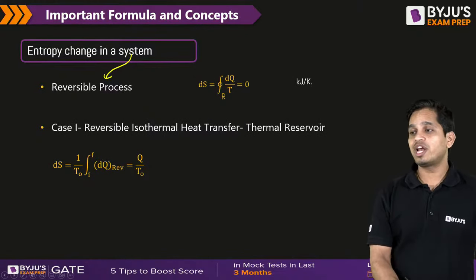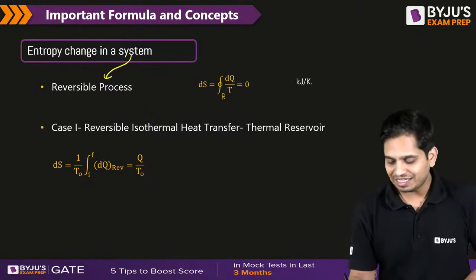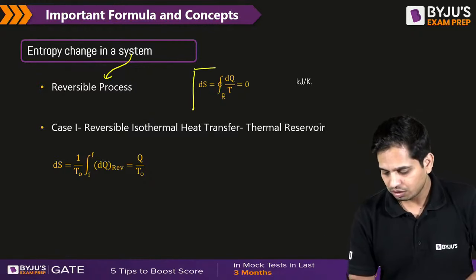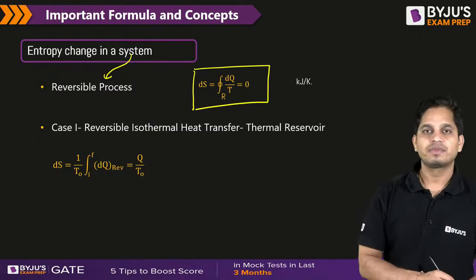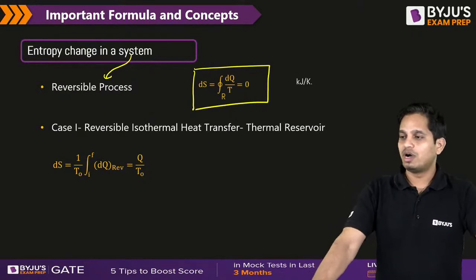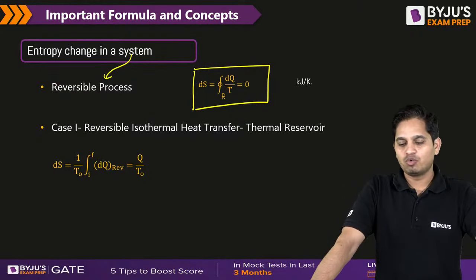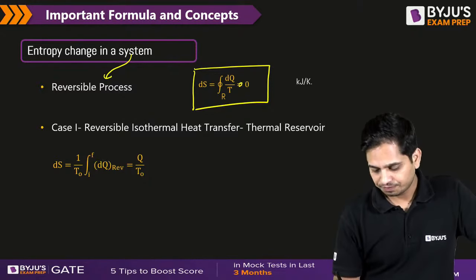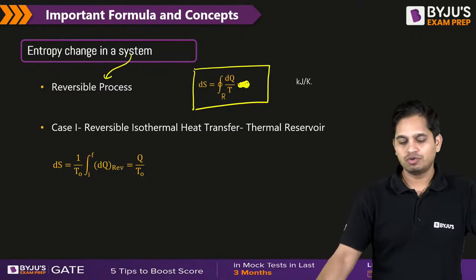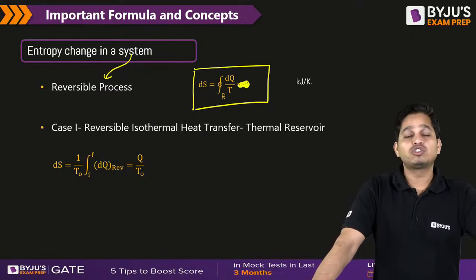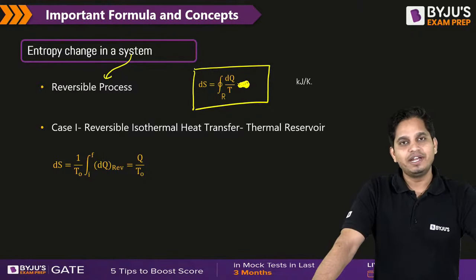When a system is undergoing a reversible process, ds is equal to dq by T. So ds is equal to the cyclic integral of dq by T.